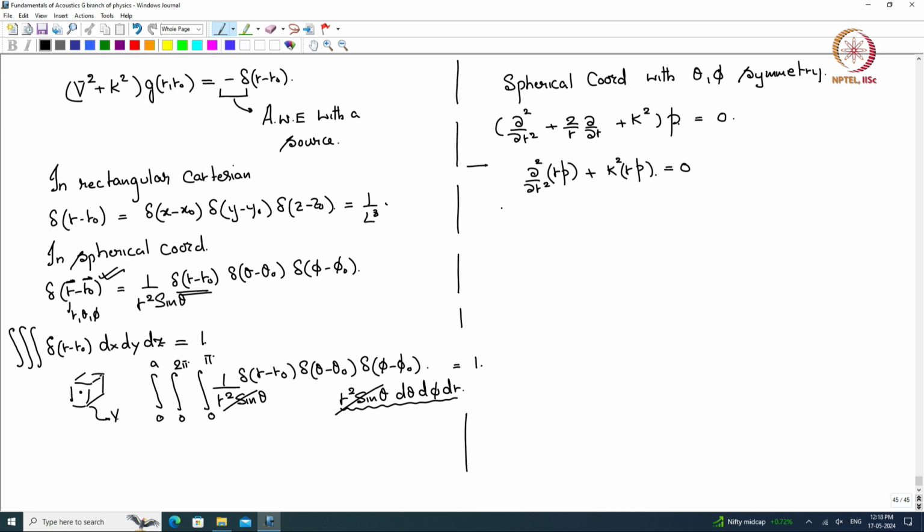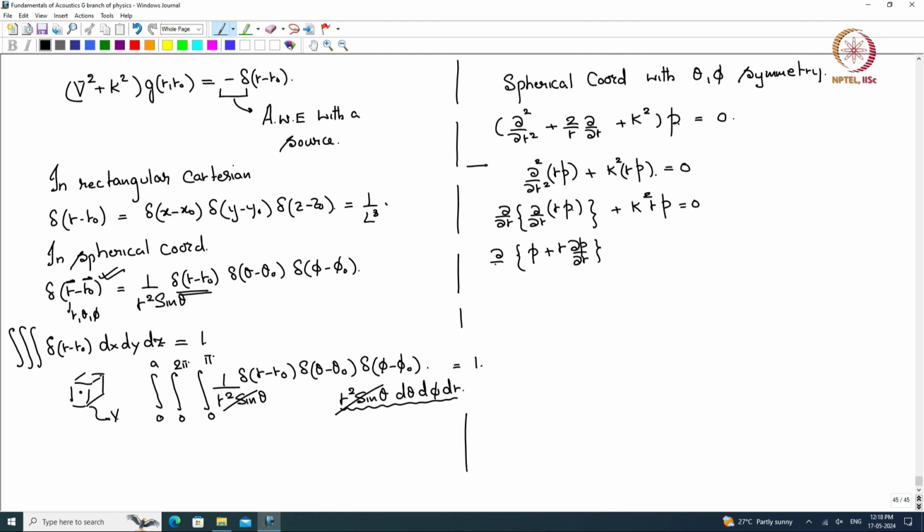I have ∂/∂r of ∂/∂r of (rp) plus k² times rp equal to 0. The derivative of r is 1, so I get p plus r ∂p/∂r.